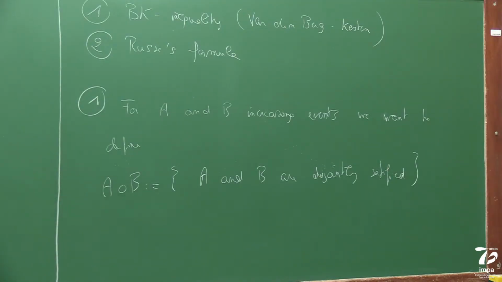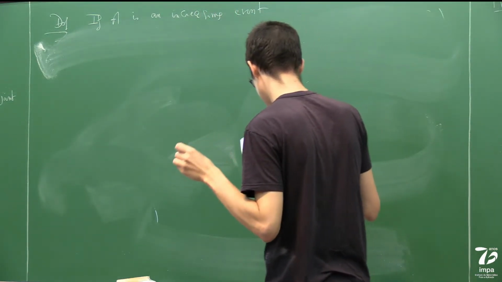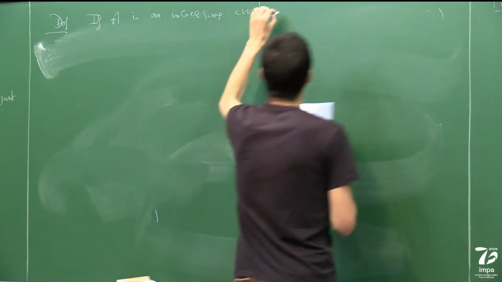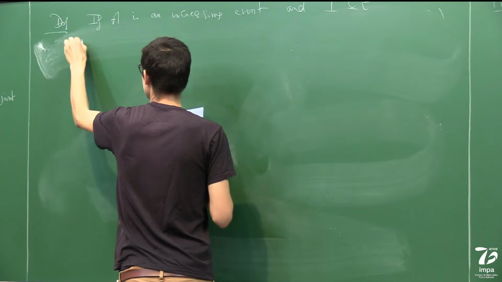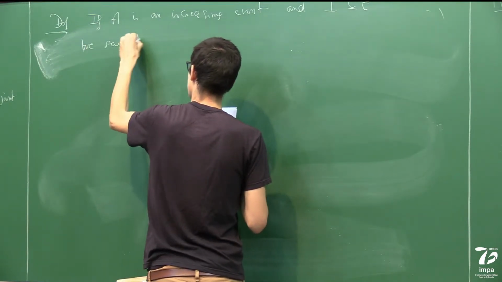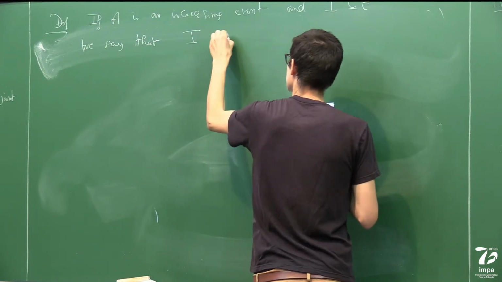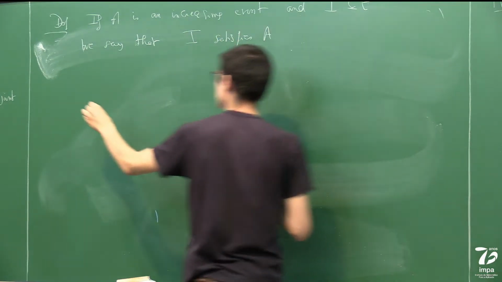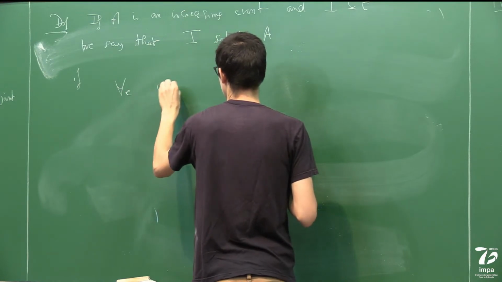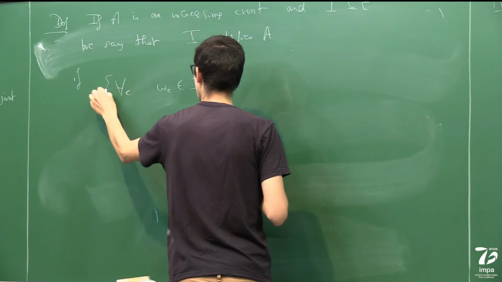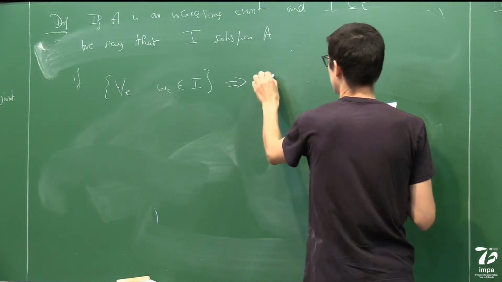So I will introduce a definition to make this possible. If A is an increasing event and I is a subset of E, we say that I satisfies A if, when all the edges in I are open, then A is satisfied.